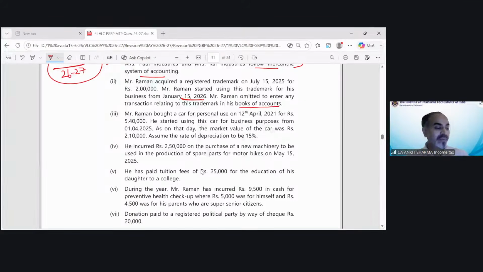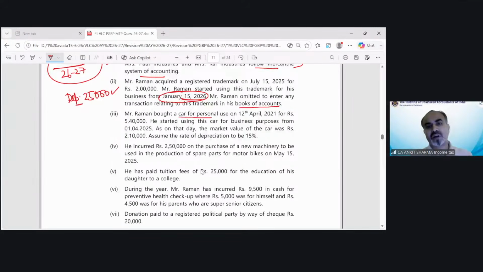So we need to claim the depreciation on this trademark. The rate for trademark is 25%, and because it is used for less than 180 days, the depreciation would be 50% of that, which amounts to 25,000 rupees. Clear? That is going to be reduced.